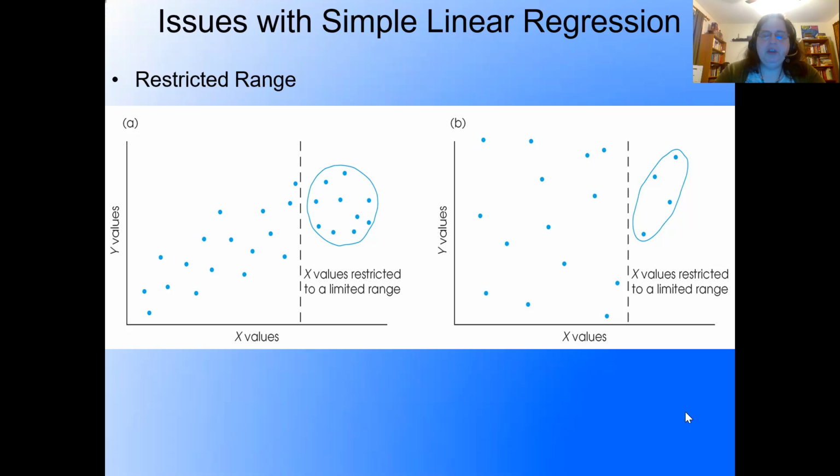If you do not actually look at the whole range of x values of your independent variable, for example, if we only look at NBA players when we're trying to look at height and basketball ability, and we restrict our sample and then try to generalize to a larger population, we run into this restricted range problem, which basically means we could fail to find a result when there really is one, or we could find a result when there really isn't one. So that's the issue with restricted range.